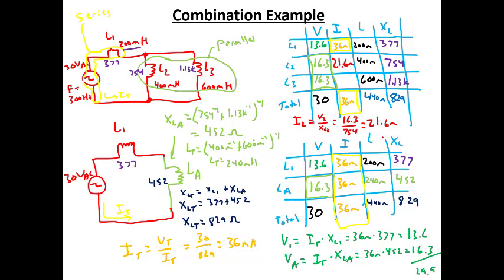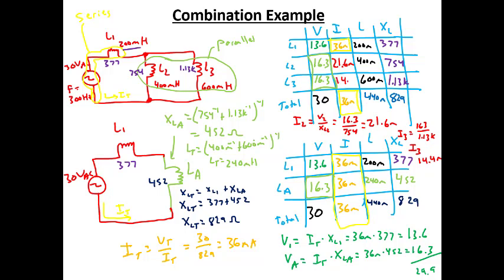All right, and then I3, and I'm really out of space here. I3 is going to be 16.3 divided by 1.13 K. So I3, 16.3 divided by 1.13 K is 14.4 milli.